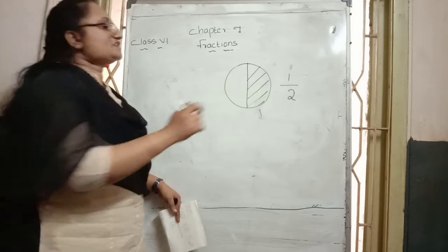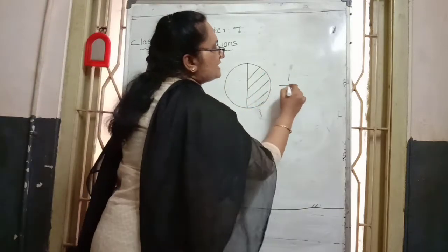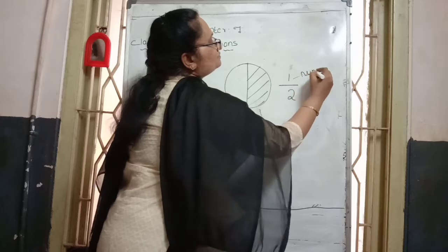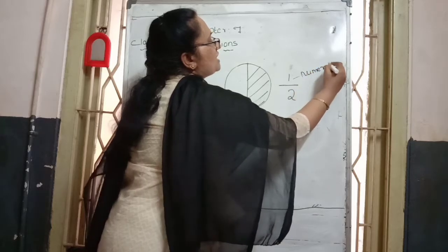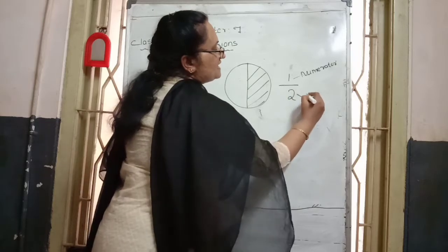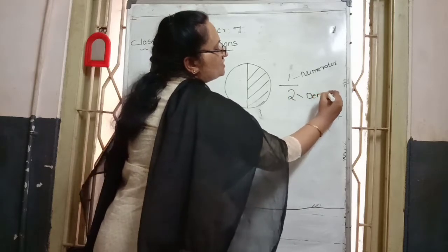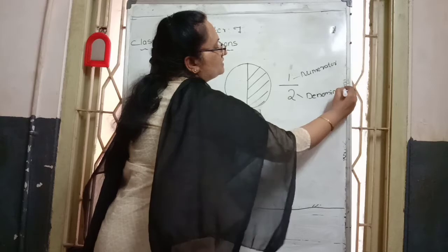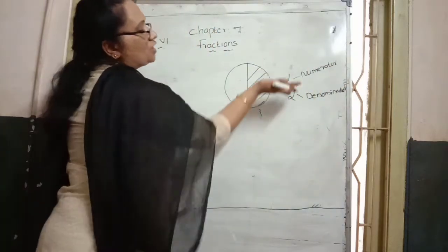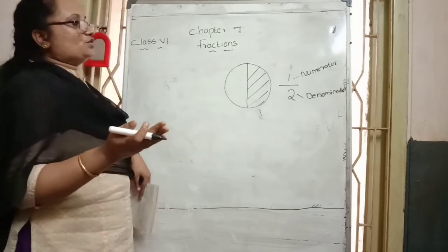That is the meaning. Here see, this line's top part represents the numerator, and the bottom part of this line represents the denominator. That is the meaning. The line's top part represents the numerator.